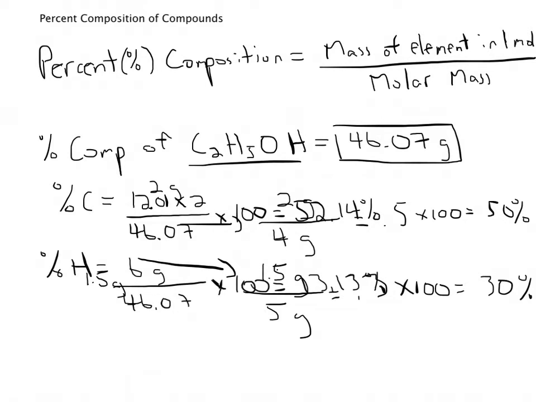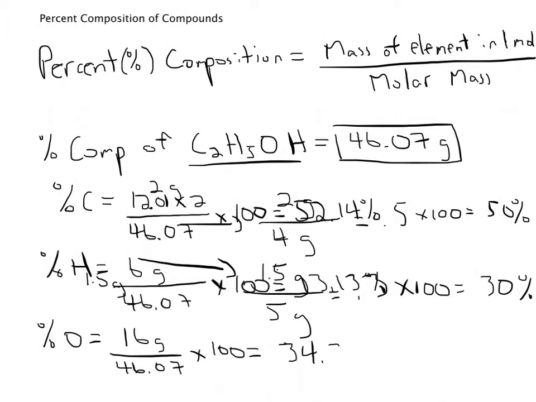And then finally, let's do our percent oxygen. We have 1 oxygen, so that's 16 grams divided by 46.07 times 100. And for the oxygen, we get a percent mass of 34.73.